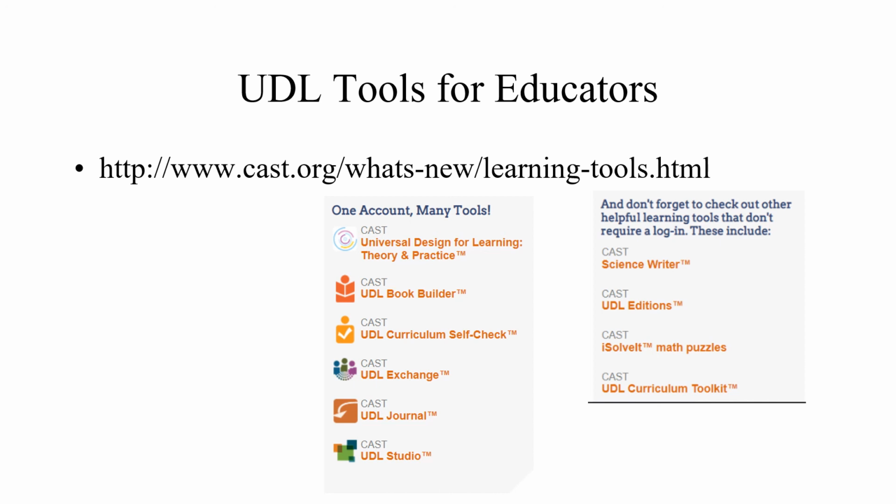You can learn about Universal Design for Learning. There's a book builder. There's a curriculum self-check. There's like a social media area where teachers can exchange information about how they're applying UDL. There's software called UDL Journal and one that I love called UDL Studio.